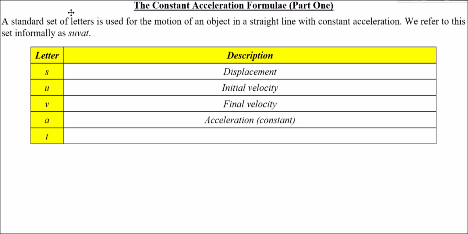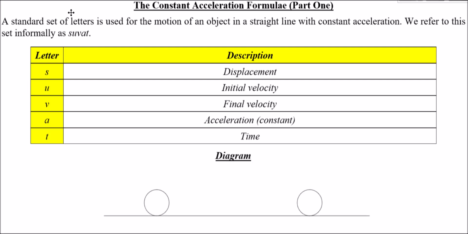So the SUVAT formulae only apply to situations where the acceleration is constant. So the question will almost always mention about the acceleration being constant. If it mentions constant acceleration, be thinking SUVAT. T is more guessable. T stands for time. We can also add these to a diagram as well if we wish.